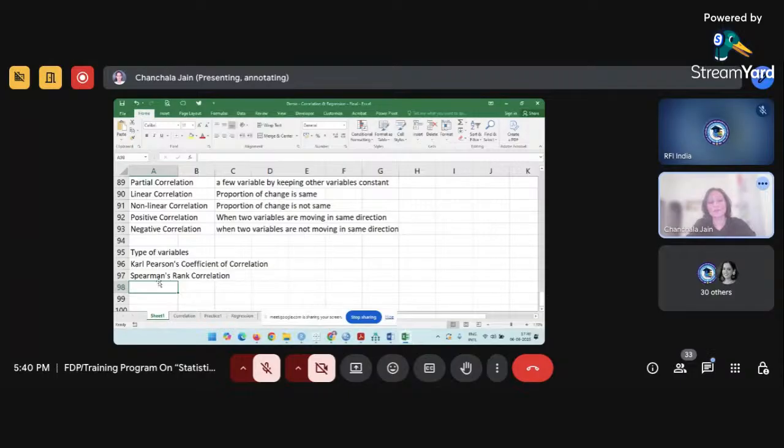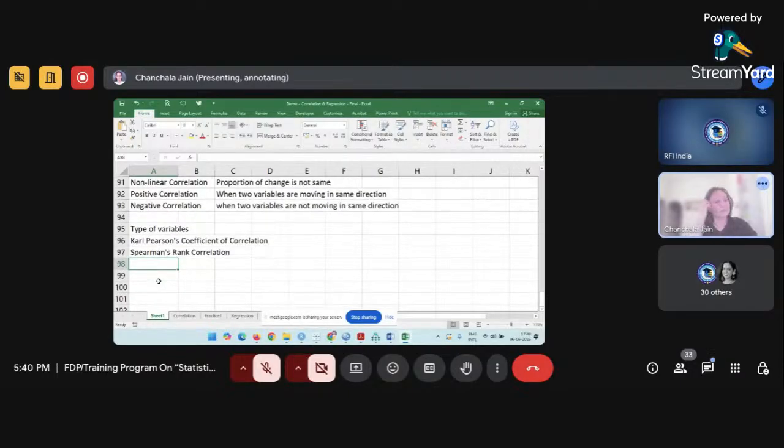Then, apart from that, there is biserial correlation. Then there is Kendall's tau. So these are other varieties of correlation also available, right? So when to use which type of correlation depends upon the type of variable you are having.